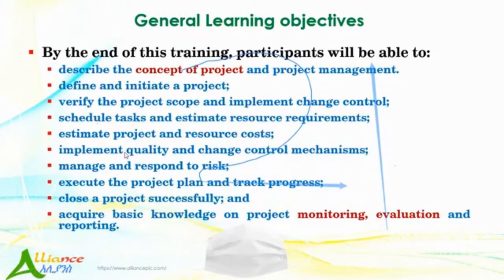So our objective is to share you the knowledge on basic project management concepts, and it starts with initiating projects. Then we have to plan in detail for these projects. Then we need to implement the projects. Then finally we have to close the projects. That will be the process.